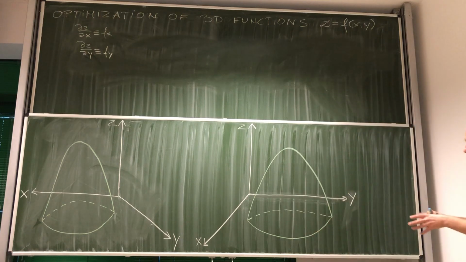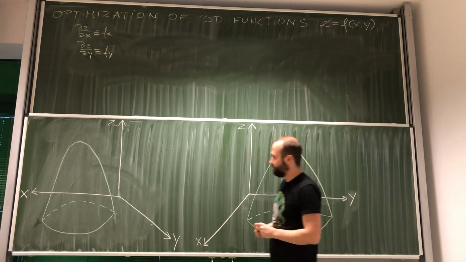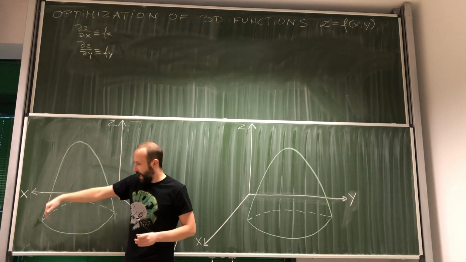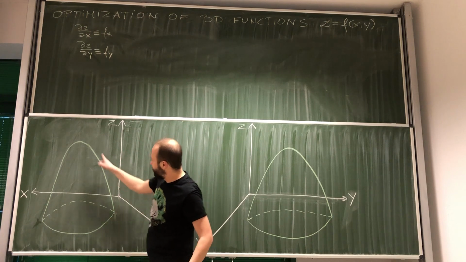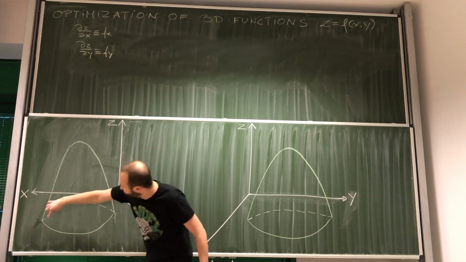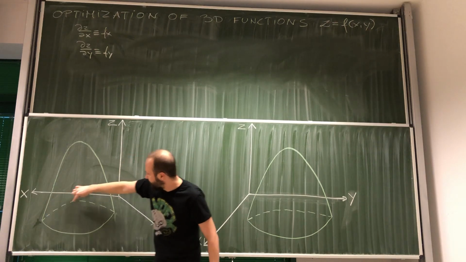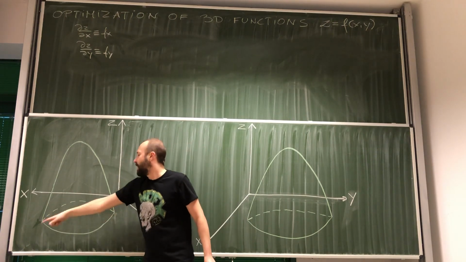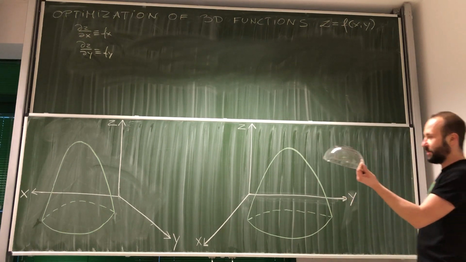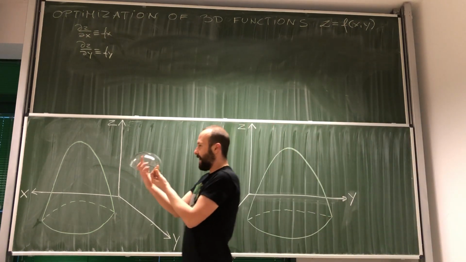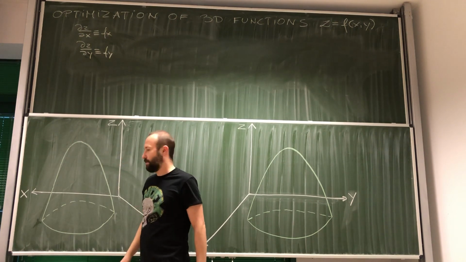Remember, we want to find the maximum for this sphere. And as it was with the ball, this is of course empty inside. We do not actually see this part, which is why I draw it with a dashed line. So we see only this. It's empty inside, and we are looking for the top of it.